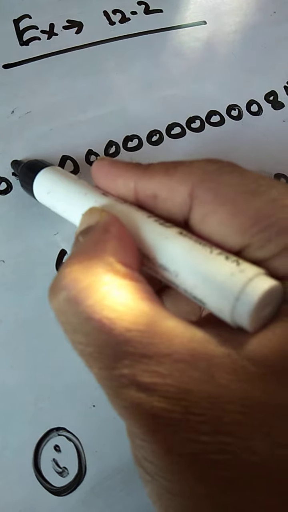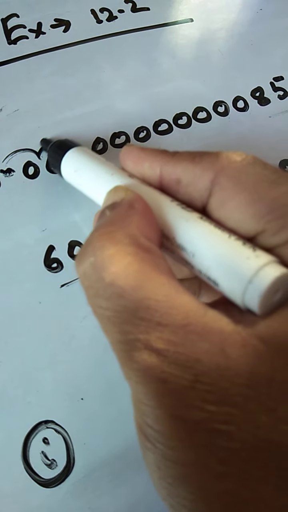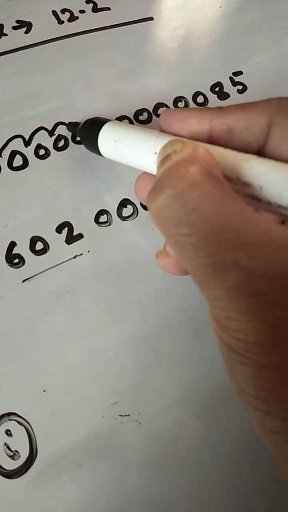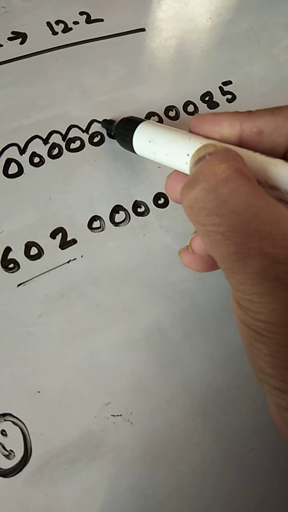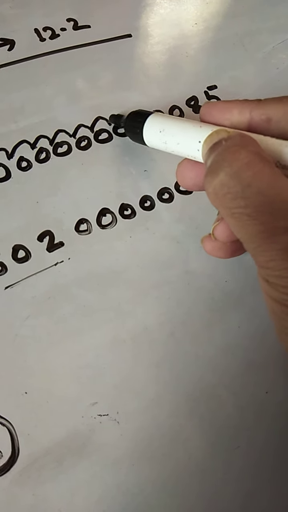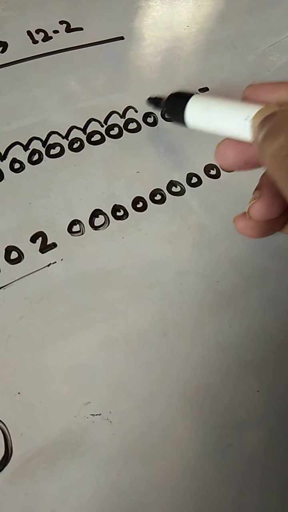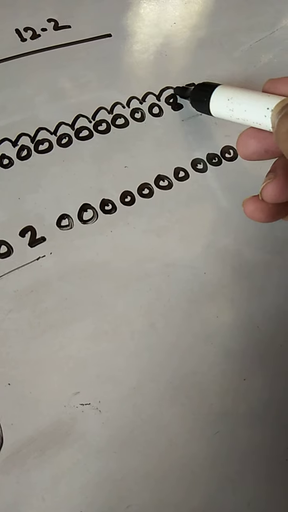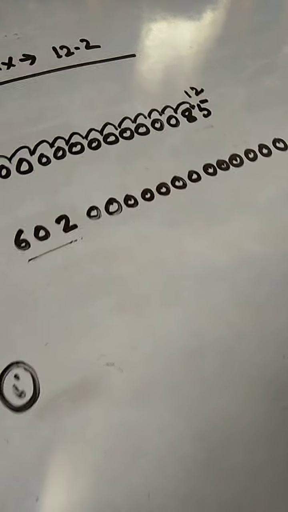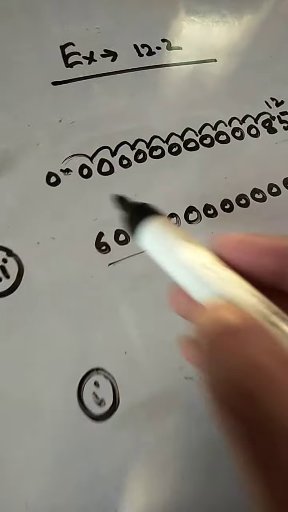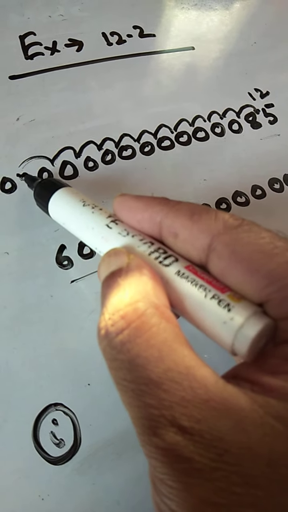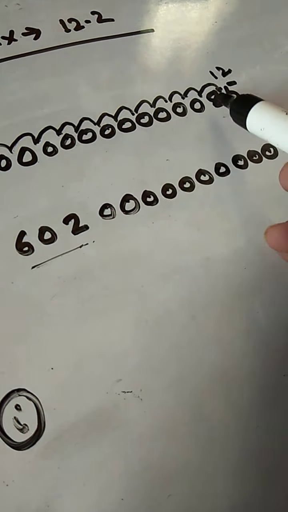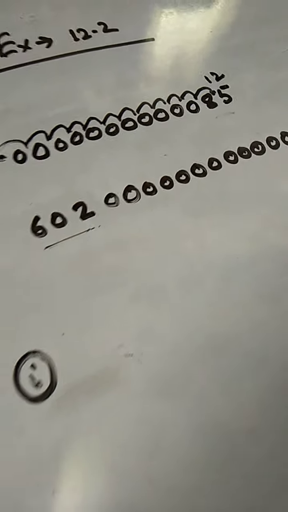So let us count: 1 2 3 4 5 6 7 8 9 10 11 and 12. So it's the 12th position, which means you have to jump 12 positions to get the standard form.